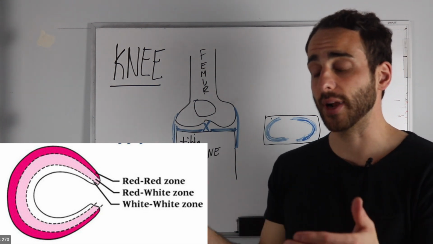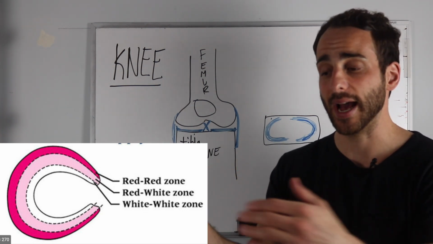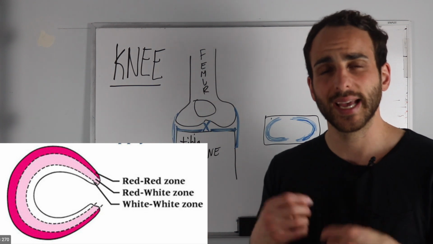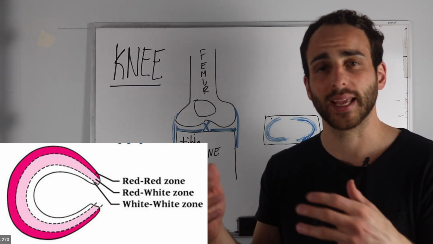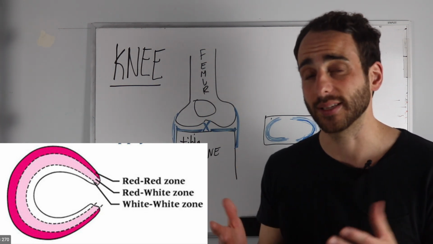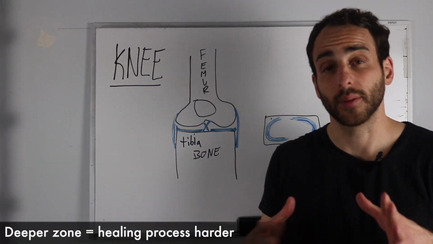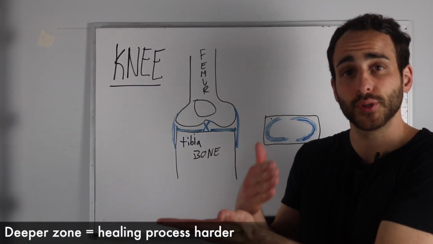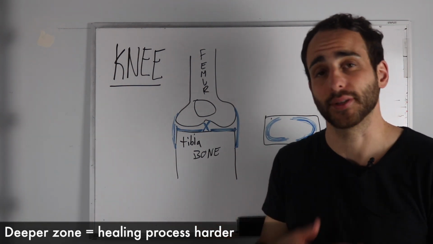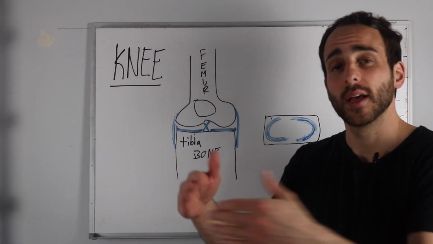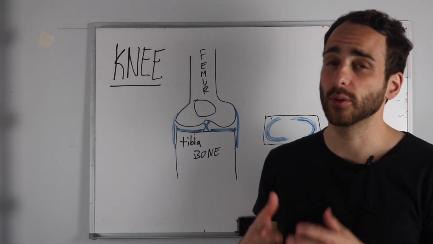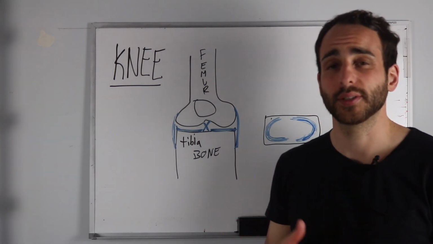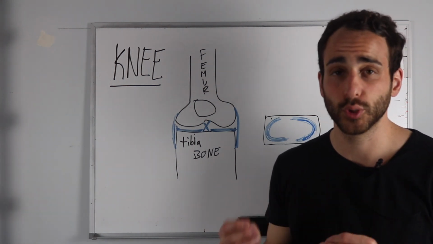But the further out you get towards the outer edges or outer zones, there's a little bit of blood supply that can help the healing process if you have a tear. So that's just some insight on the healing process. The deeper zones of the meniscus are avascular, with no blood supply. The outer edges have a little bit of small capillaries and blood vessels, which can give some healing to the meniscus.